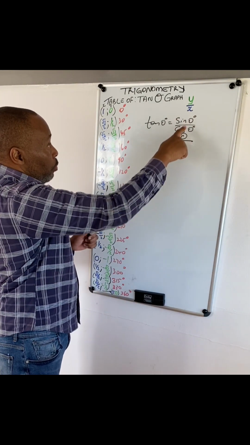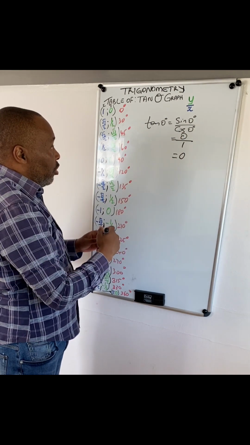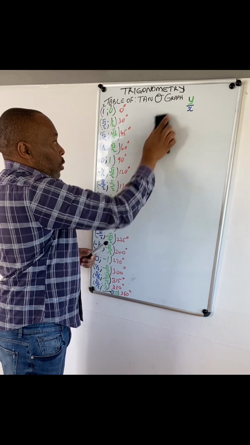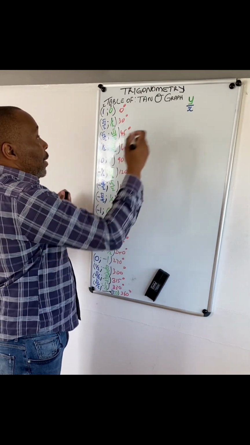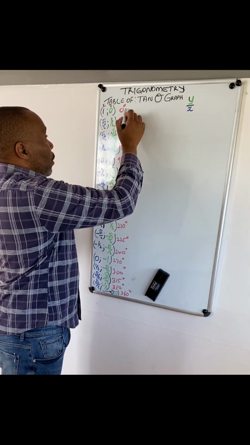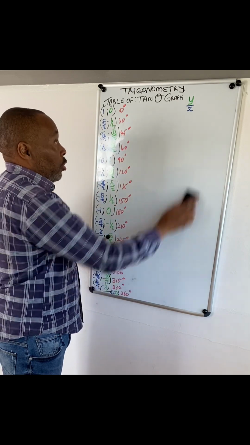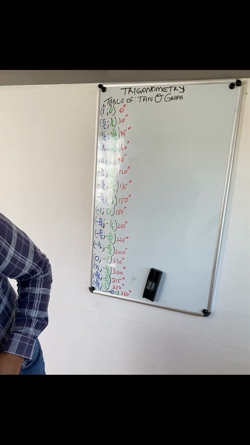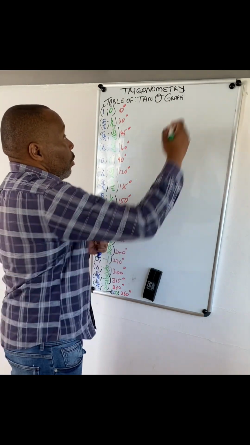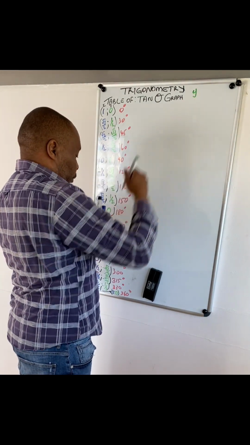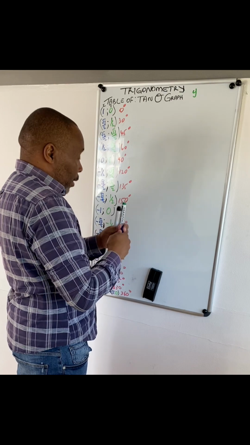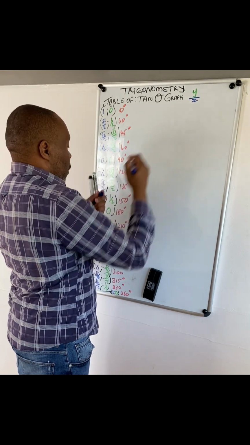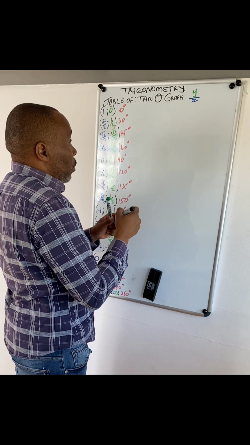Because I want to put these values as we go down, I'll try my best to maintain the y over the x value.